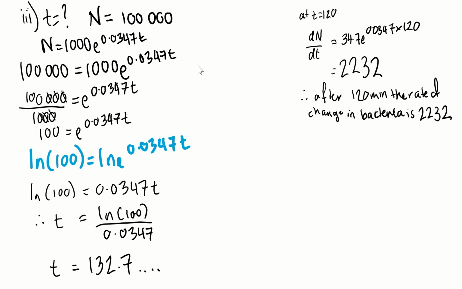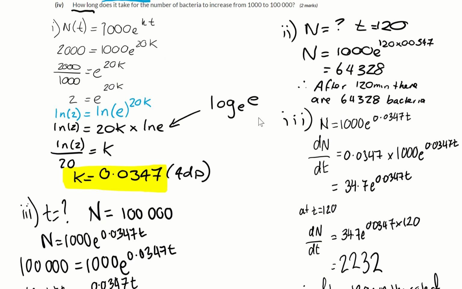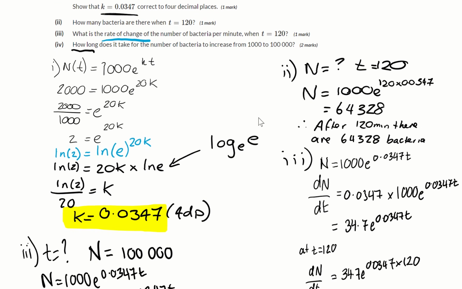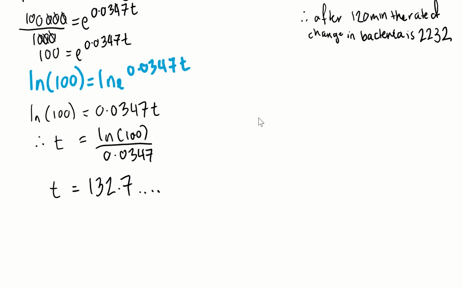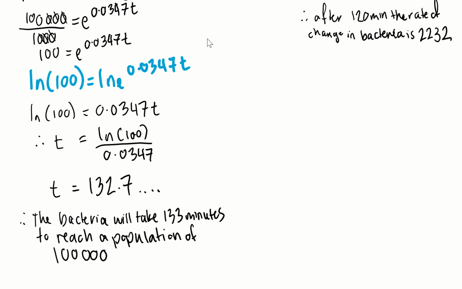The power comes down and times us, the log e becomes 1, rearrange, and I get t is equal to 132.7. Think back, what is the question asking again? How long does it take for the bacteria to increase from that to that? So then I would say, therefore, the bacteria will take 133 minutes to reach a population of 100,000.